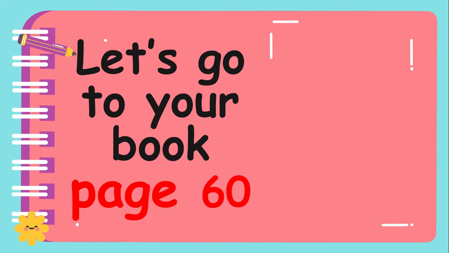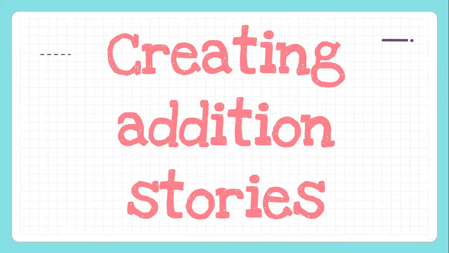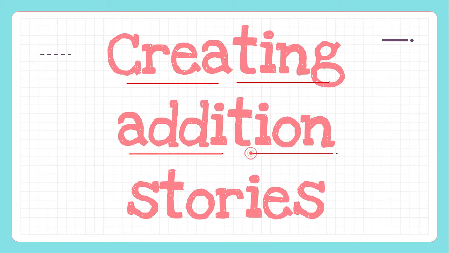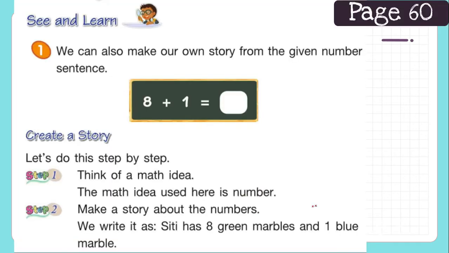So let's go to your book, page 60. We are going to have our main topic for today about creating addition stories. Okay, so let's start. Number 1, we can also make our own story from the given number sentence.